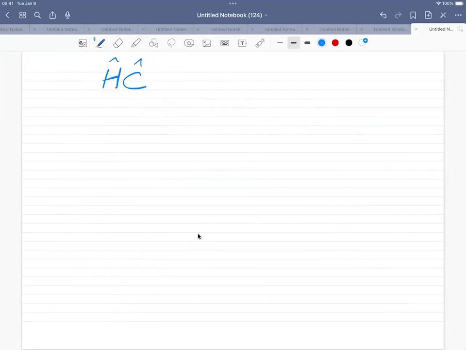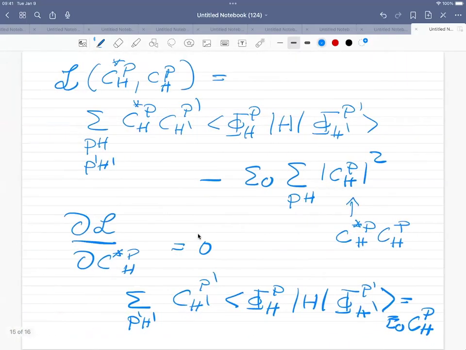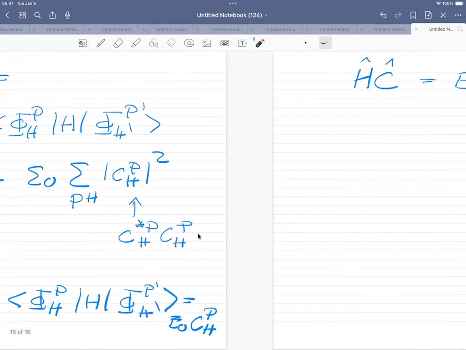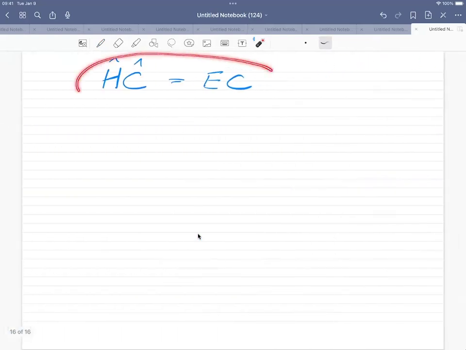So we have a matrix H, a vector C, and this is given by some eigenvalue, which I'm leaving unspecified because this can apply to every single state which we have, multiplied with the eigenvector. What I've done here is just pick one of the rows of the equations, but you can generalize this.